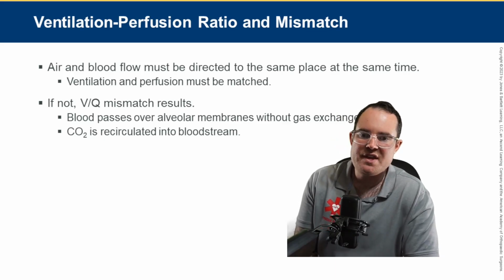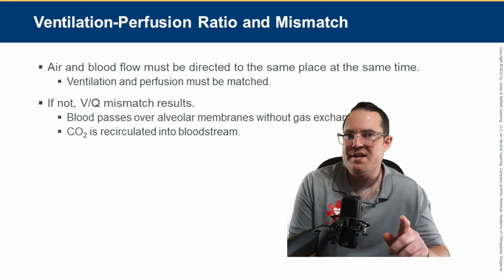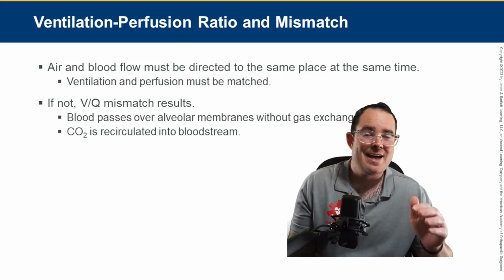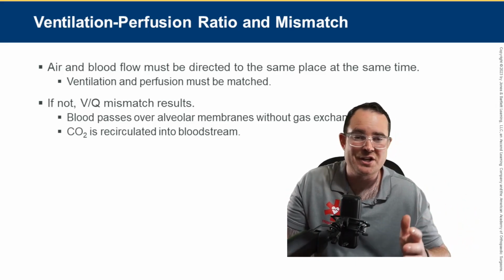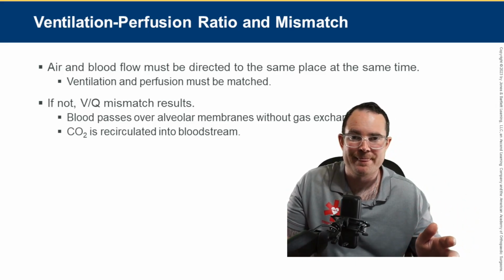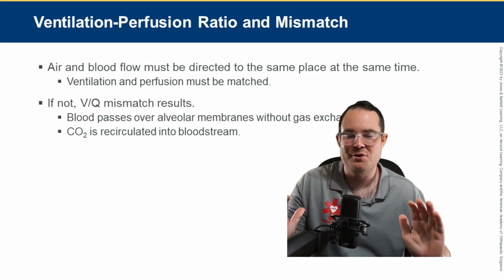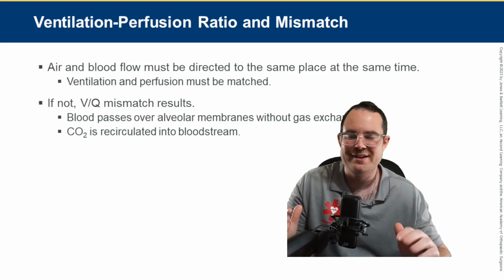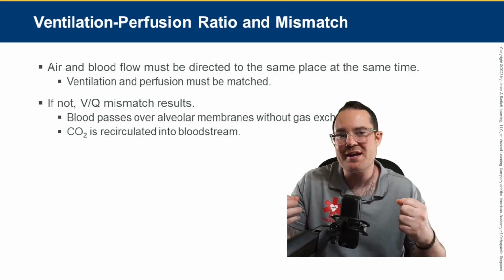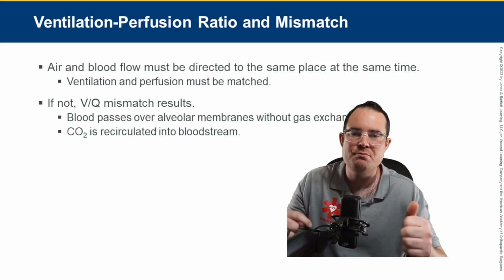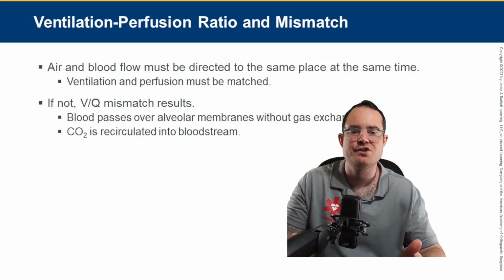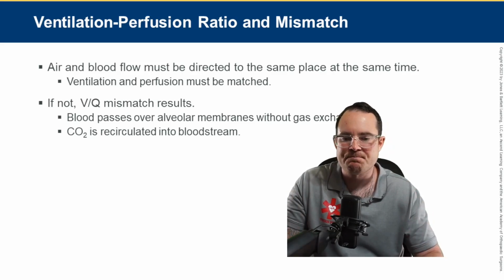By the way, VQ is the abbreviation for ventilation to perfusion. I know the Q does not mean perfusion in your head, but please write that down if you're a note taker. VQ mismatch means ventilation to perfusion mismatch.